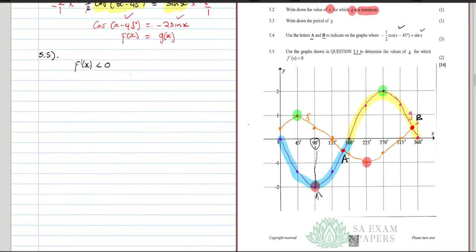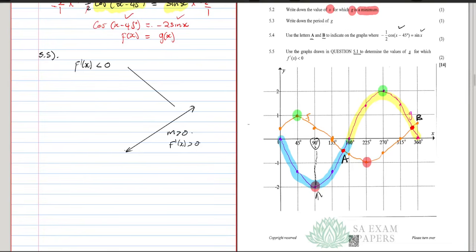I think I was explaining this back in question 1, the first question I did, that if your line is slanted like this, it's going to have a negative gradient. If it's slanted like this, it's going to have a positive gradient, or an f prime x that is bigger than 0.